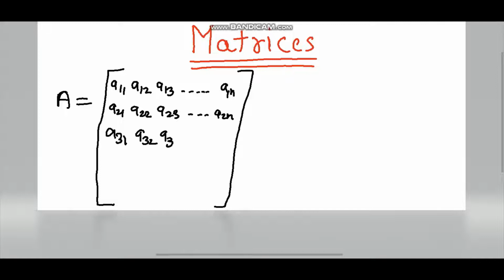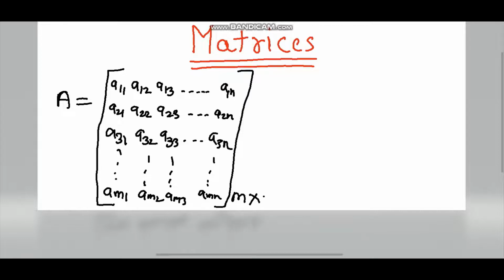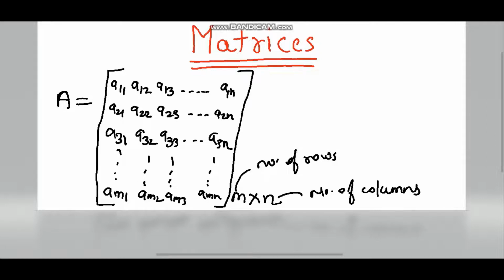A31, A32, A33. Like that, it will go up to Am1, Am2, Am3, and this goes up to Amn, and its order is m into n, where m is the number of rows and n is the number of columns.